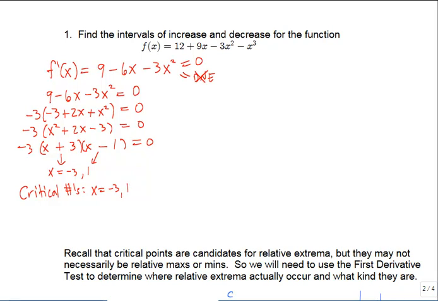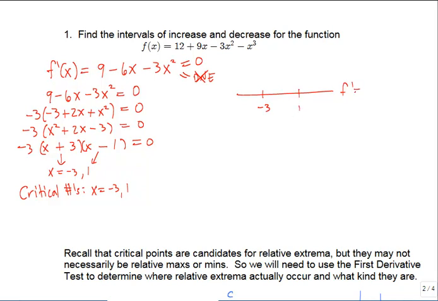So here's what we're going to do, and this is a strategy that you'll be using quite a bit in this chapter. We're going to create a number line. This is going to be a number line for the first derivative, and what I want to put on that number line are these two critical numbers that I just found, in order. So we're going to do negative 3 on the left and positive 1 on the right.